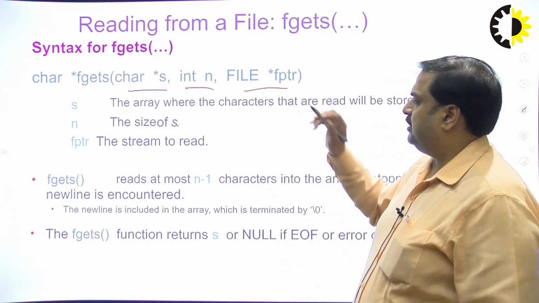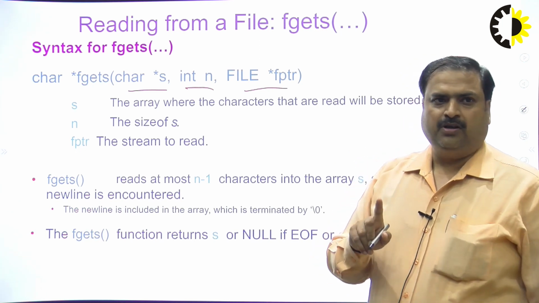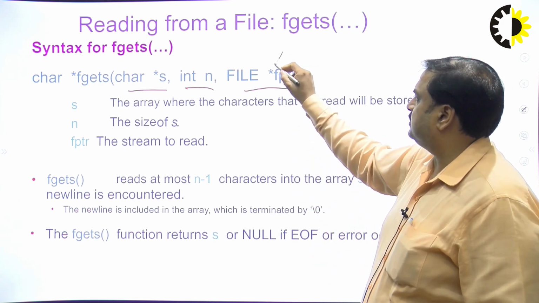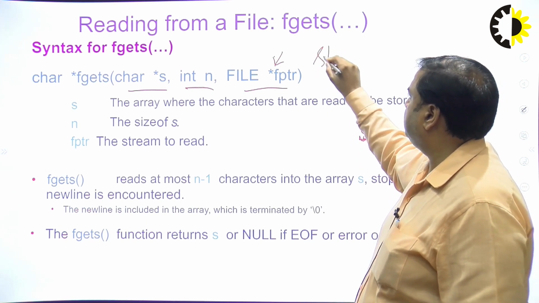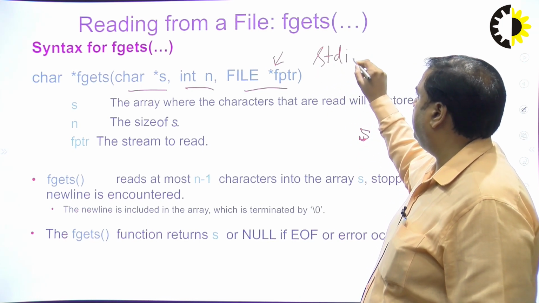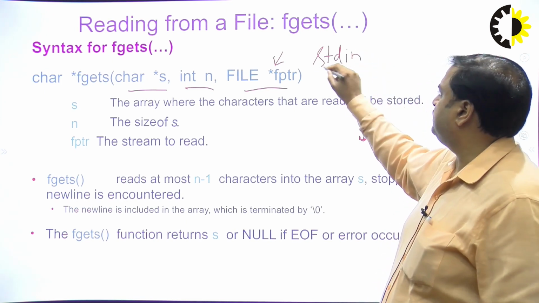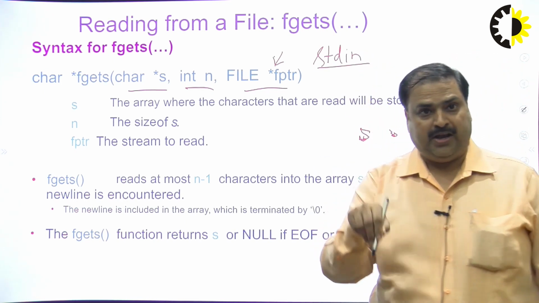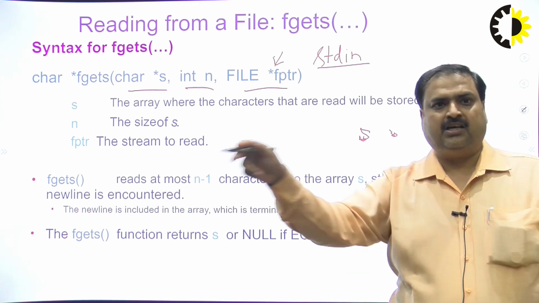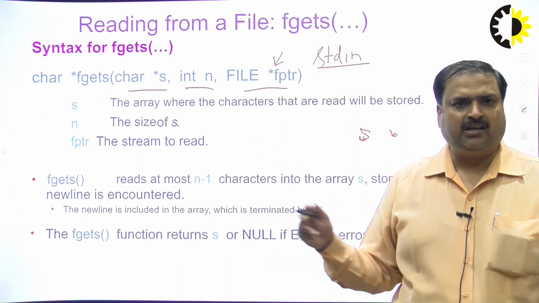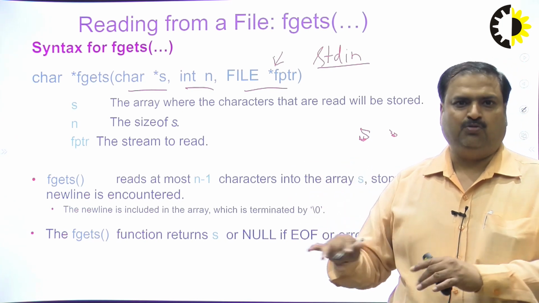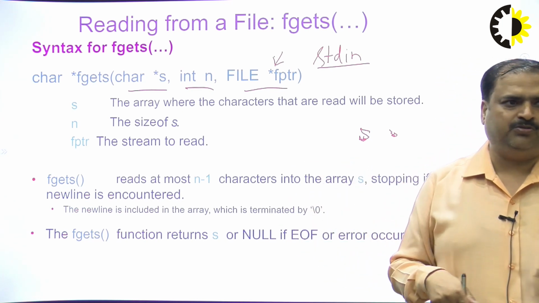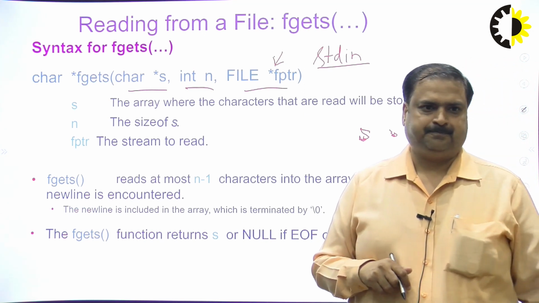What will happen if we want to read from the keyboard? Then the file pointer will be replaced with stdin. stdin is a file pointer which represents the standard input, that is our keyboard. So whatever data we give through the keyboard can also be read using the fgets function.